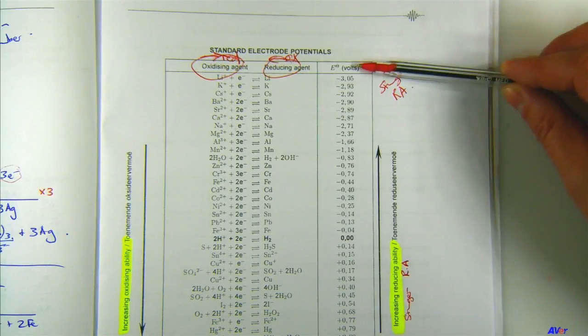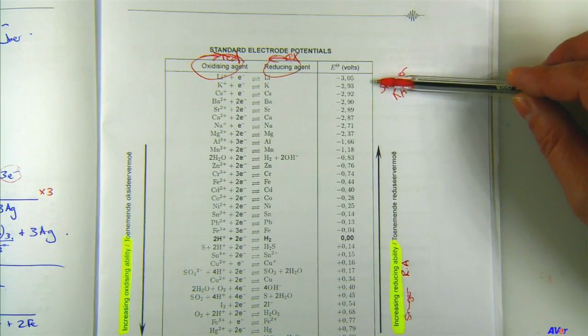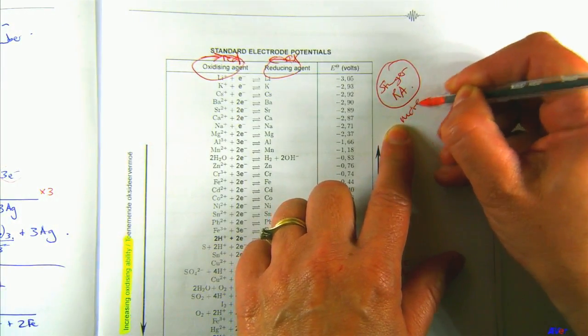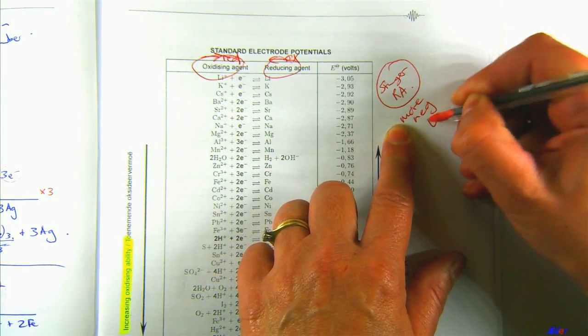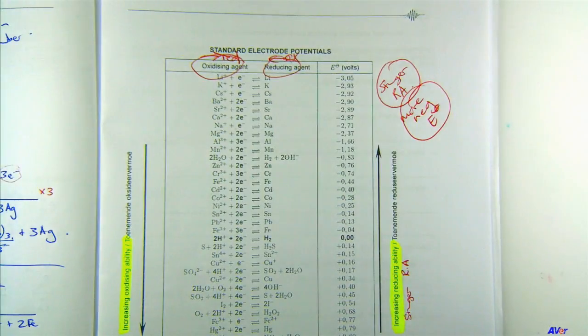If it's stronger, it has a more negative E0 value, right? So you will never say higher. What will you say? It's got a more negative E0 value. So a stronger reducing agent has got the more negative E0 value.